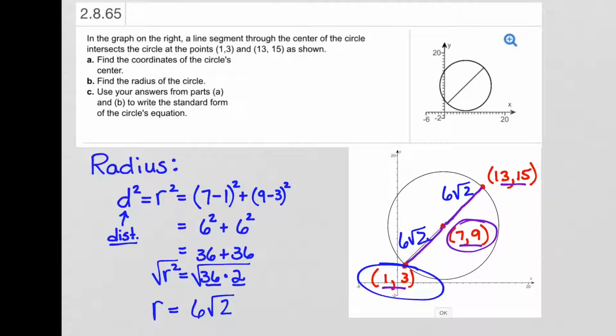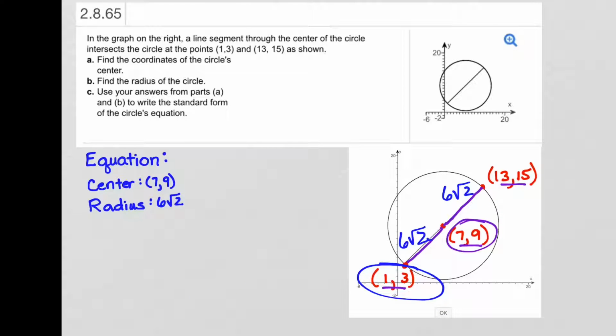Let's see, we have one part left, which is use the answers to write the standard form of the circle's equation. All right, so I can write the equation of my circle by taking x minus the x-coordinate of the center, which is 7, and squaring that difference, plus y minus the y-coordinate of the center, and squaring that difference, and saying that this is equal to the radius squared.